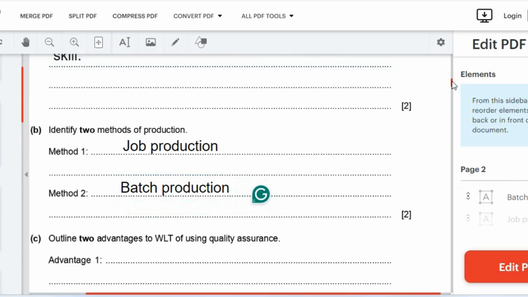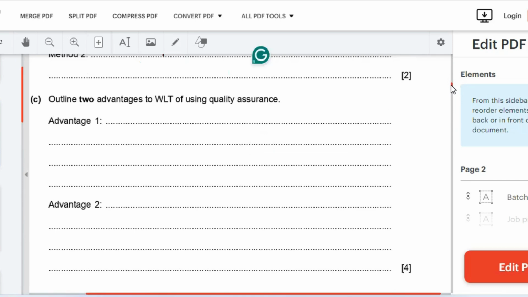Now, moving to question C. They said we should outline 2 advantages to WLT company of using quality assurance. Why do you think WLT company will use quality assurance in producing their carpet? The first advantage is to reduce defects or errors in all stages of production.